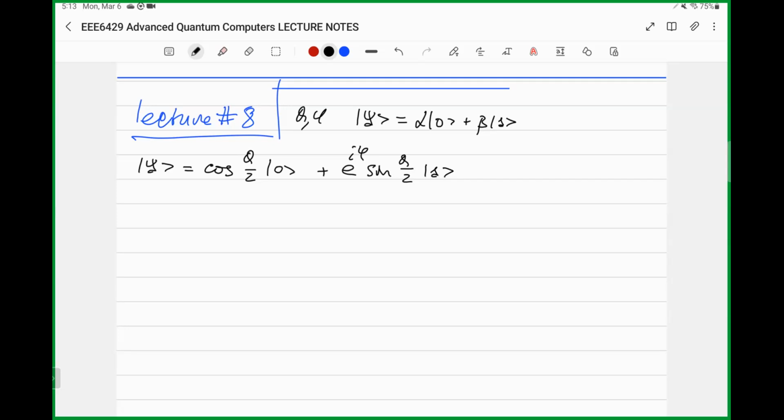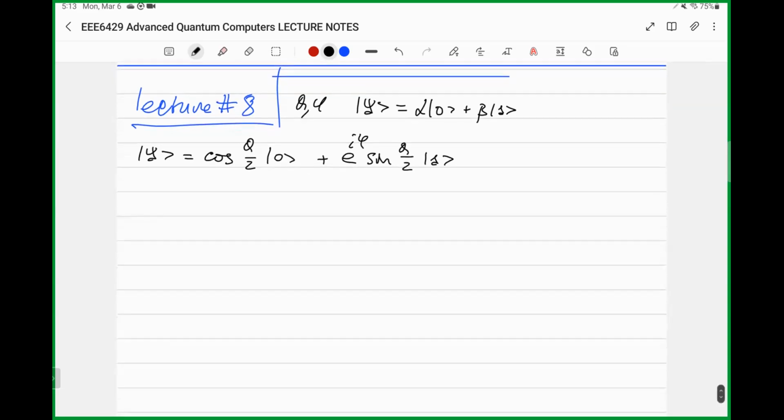This is exactly the same state, but written in another representation. The first one is the alpha-beta representation, the second one is the Bloch sphere.